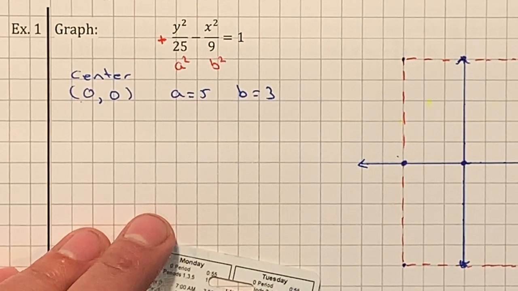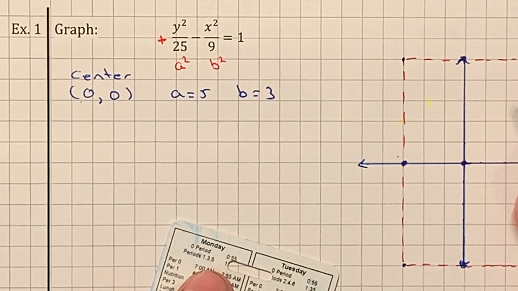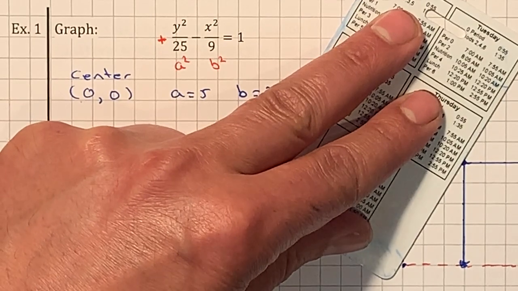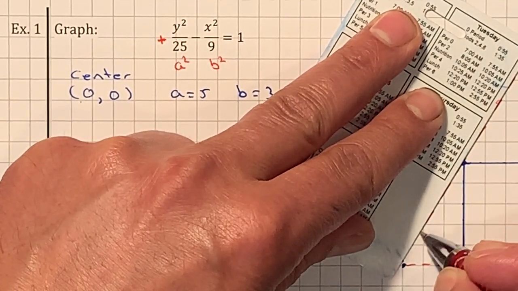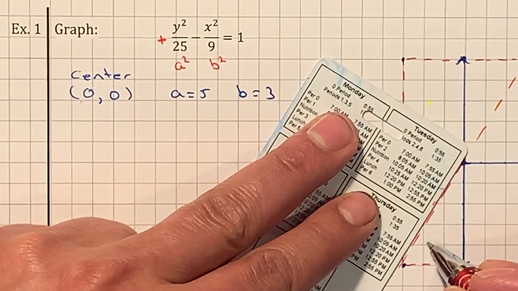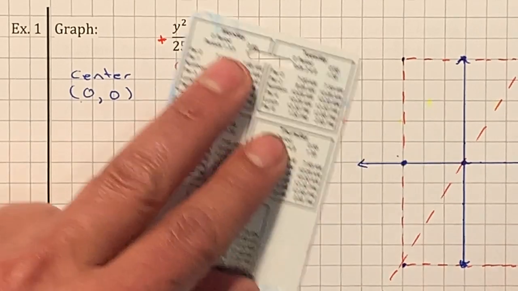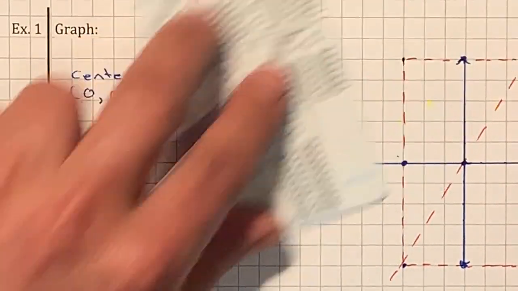And now that I have my box, I'm going to draw my asymptotes. For my asymptotes, I'm going to connect both corners, and I'll place a dash as well. Then I'm going to continue beyond. You want to make sure that you extend it beyond your graph for hyperbolas.